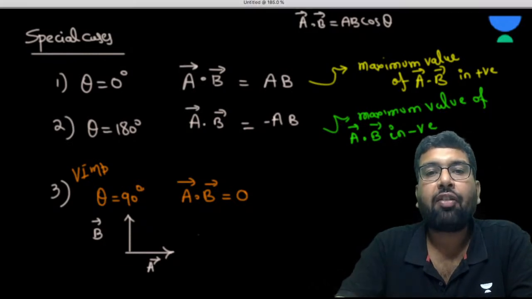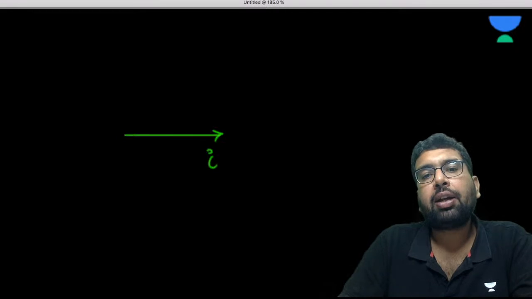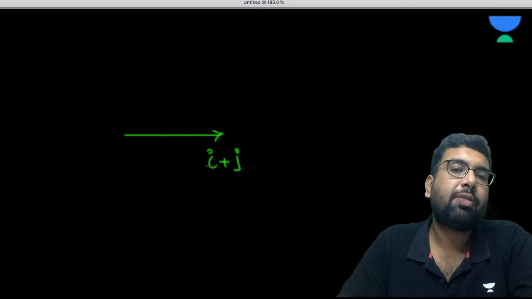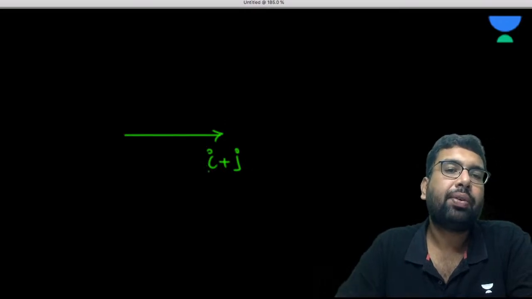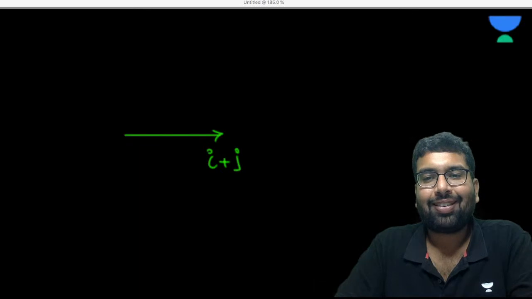So if you have a vector, let's suppose i plus j. Now, if I ask you what is going to be the vector perpendicular to this vector, can you tell me one? Sir, we don't know how to do the product.